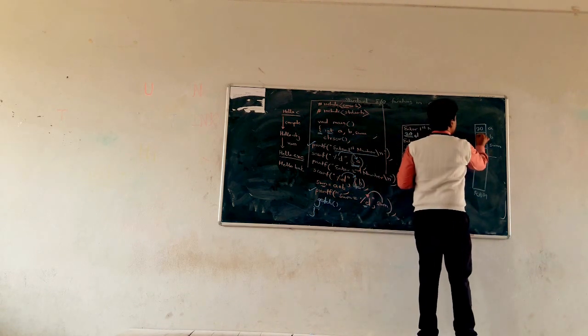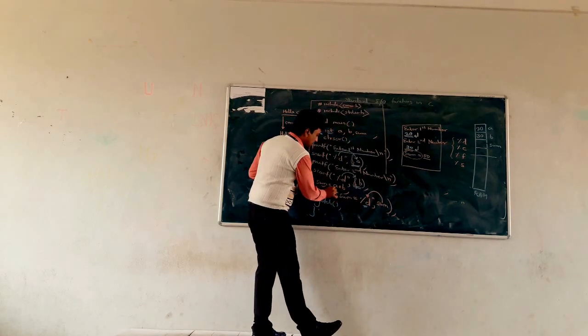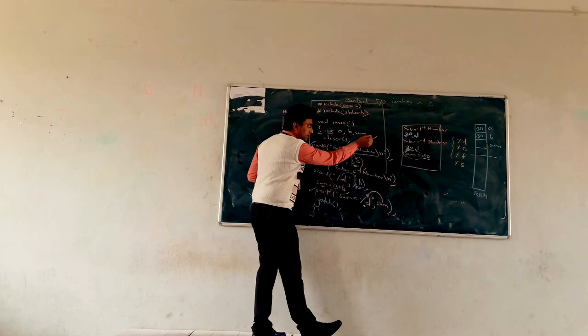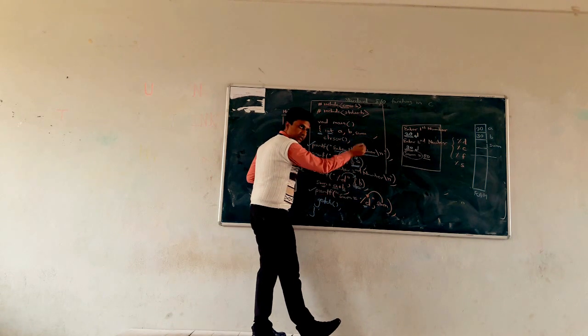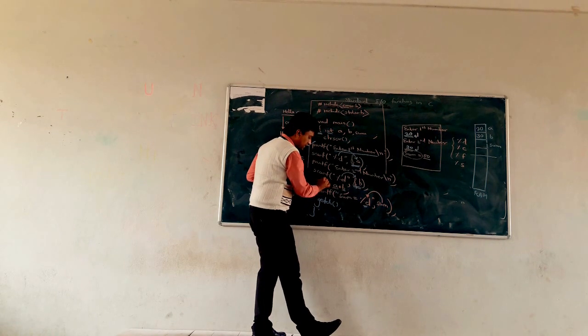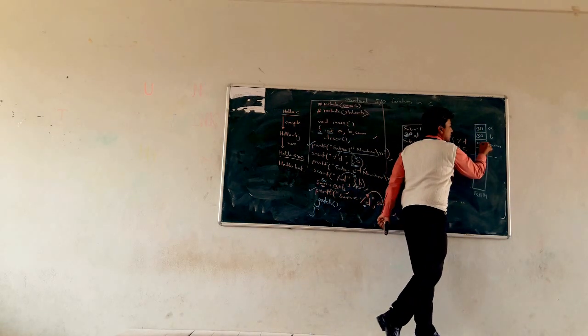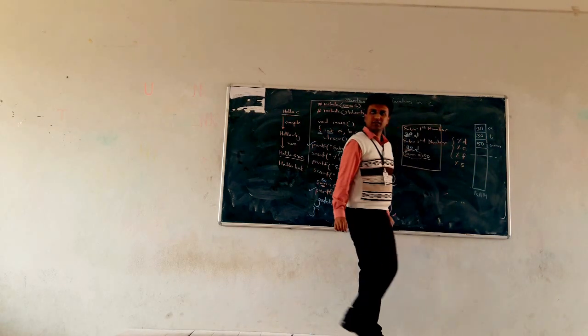So the value 30 is stored into b. After that, a plus b: retrieve that data from a and b from the memory locations. 20 plus 30, make the addition. What is the addition? 50. And that 50 is stored at the address of sum. Where is the sum? On the RAM, on the stack partition. 50 is stored in sum.